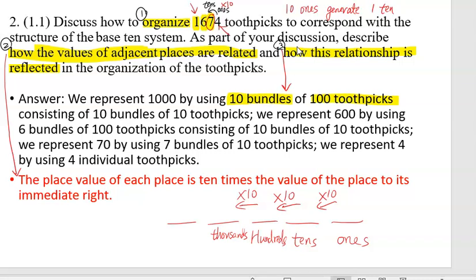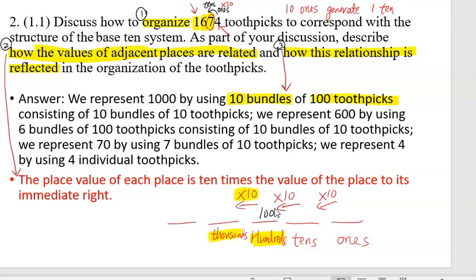In the organization of these toothpicks, I want to reflect this multiplication by 10. That's why this 10 bundles means 10 right here. So how do we generate 1,000? It's 10 bundles of 100 toothpicks: the hundreds place multiplied by 10.